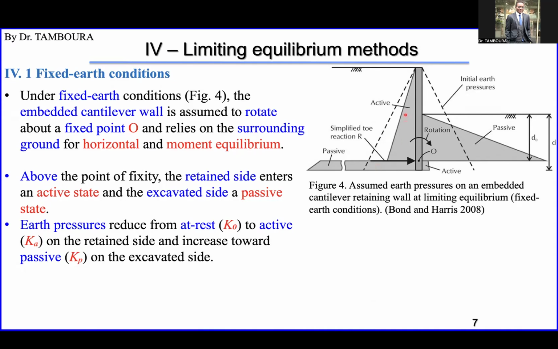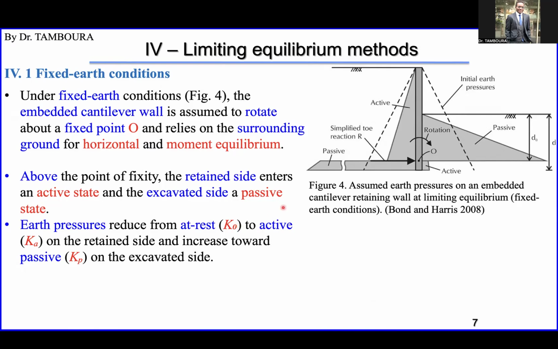It means this side, because when the earth is active, it means it's getting loose. So the coefficient, which is just the ratio between the horizontal stress and vertical stress, I think everyone knows K naught when it is static.